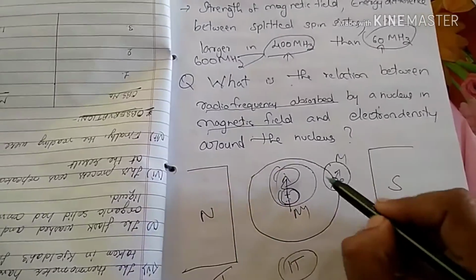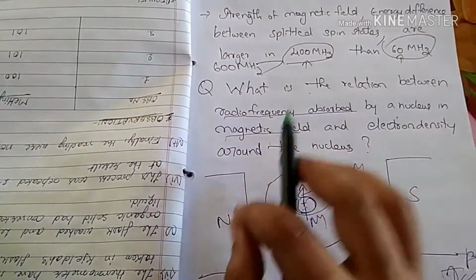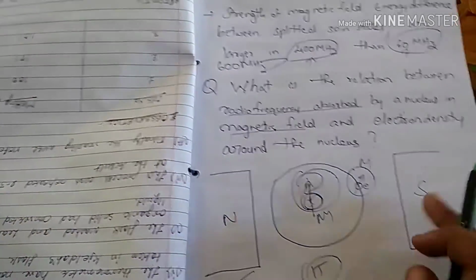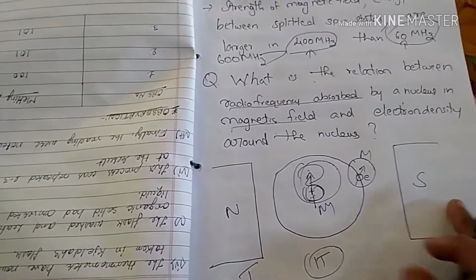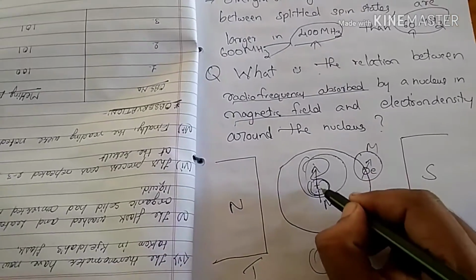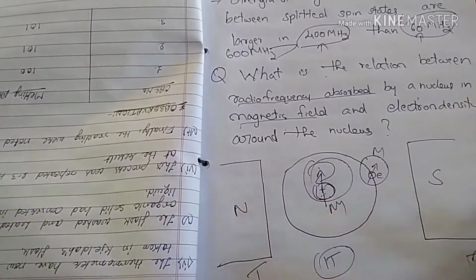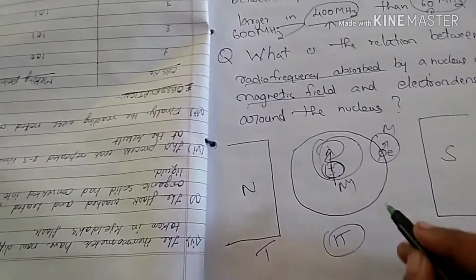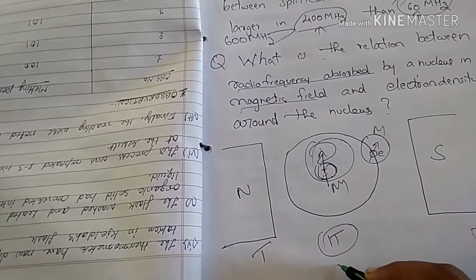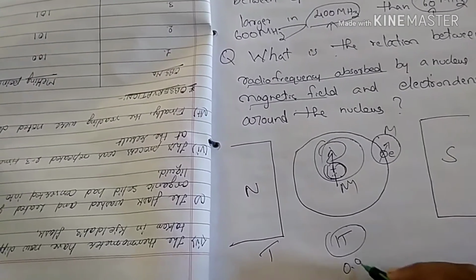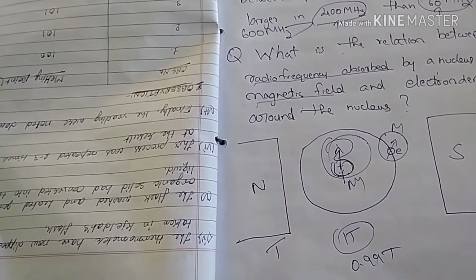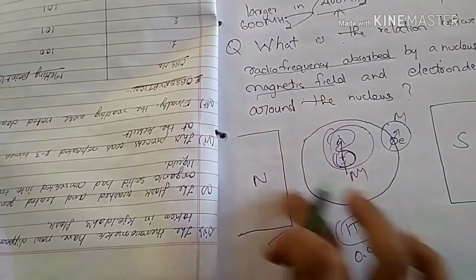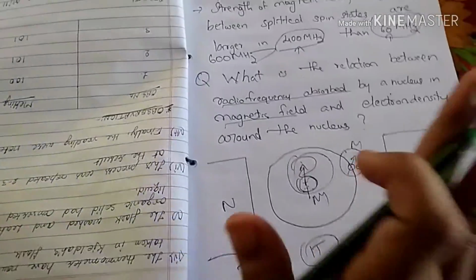Why? Because the electron cloud acts as a shield against the external magnet. So it will receive somewhat less than the magnetic field we have applied. If we apply a 1 Tesla magnetic field, it may get some 0.999 Tesla, because the cloud acts as a shield. So this is the background story.